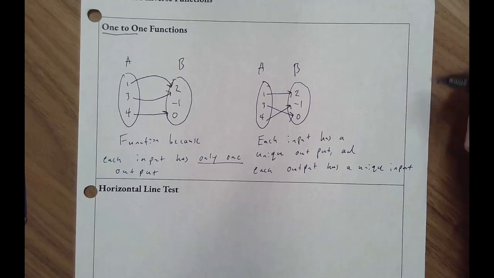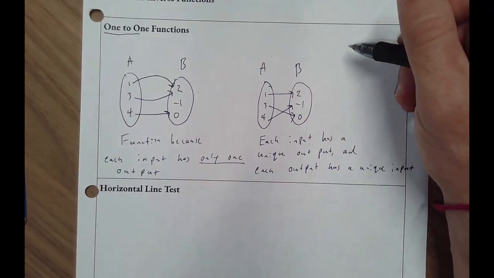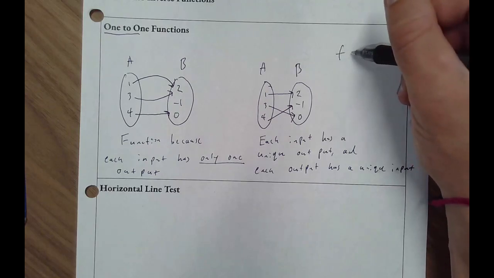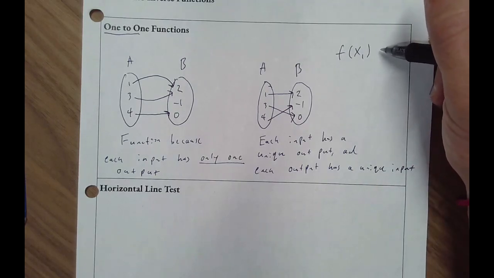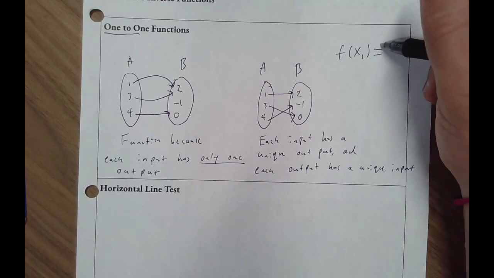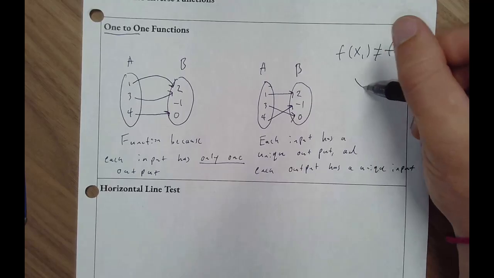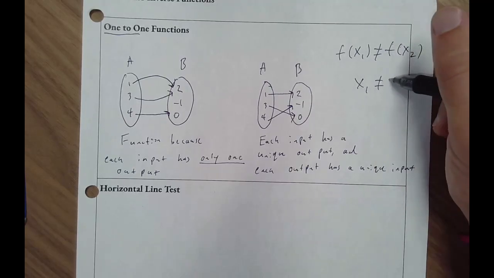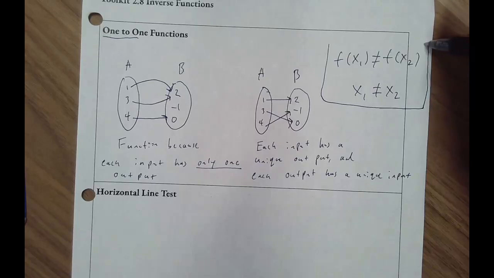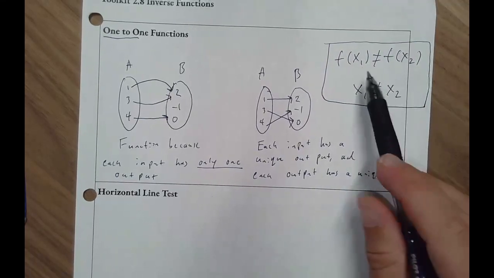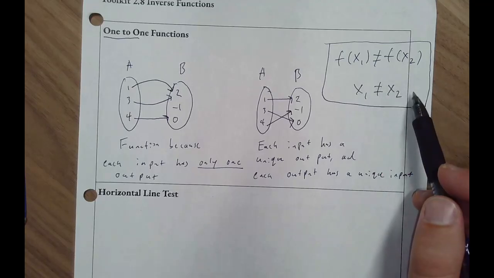Okay, here is some other notation. We can say that no two different inputs will have the same output. That's what this is saying right here. So if x1 is not equal to x2, that these are two different values, it is not possible for them to have the same output.